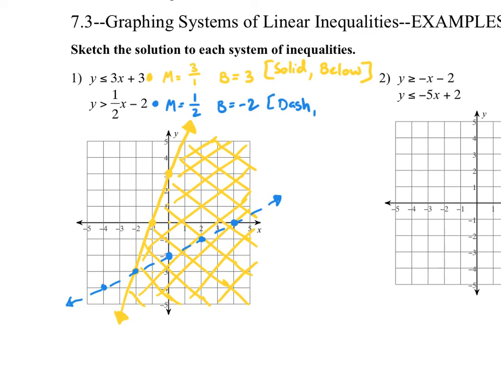Now, typically when you shade above, if you want to make it nice and easy on yourself, we're looking for the area that is shaded both colors, correct? That's essentially what we're going to be looking for, right? So if I have to shade above on this graph, do I really need to shade everything up here? No. I could just shade the area that was already shaded because that's my answer choice.